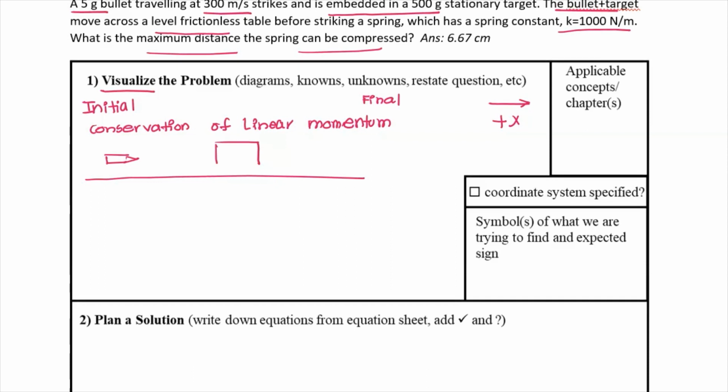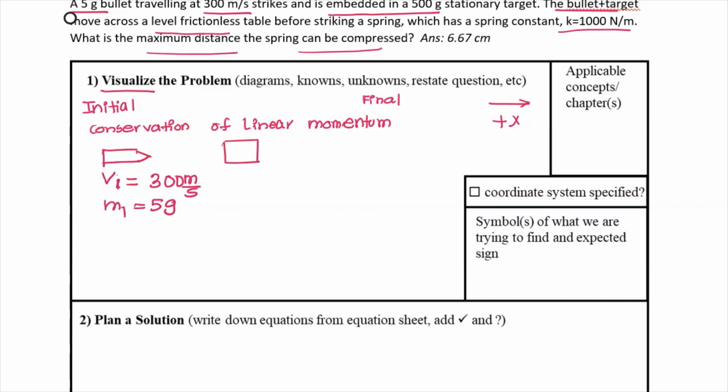After the collision, they move as one system, which means this is a perfectly inelastic collision. The target and the bullet will have a common speed after the collision, and for that part of the motion we can use conservation of linear momentum because there's no external force acting on the system.